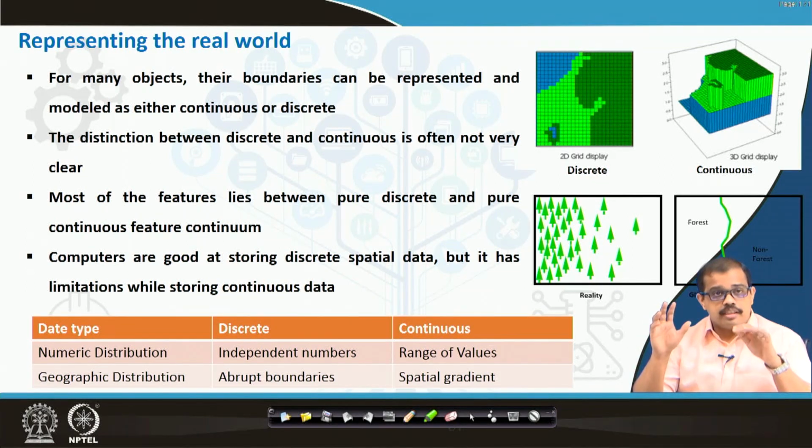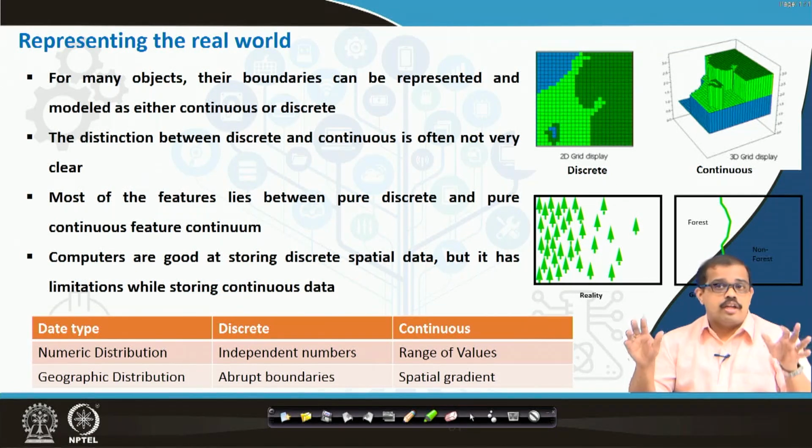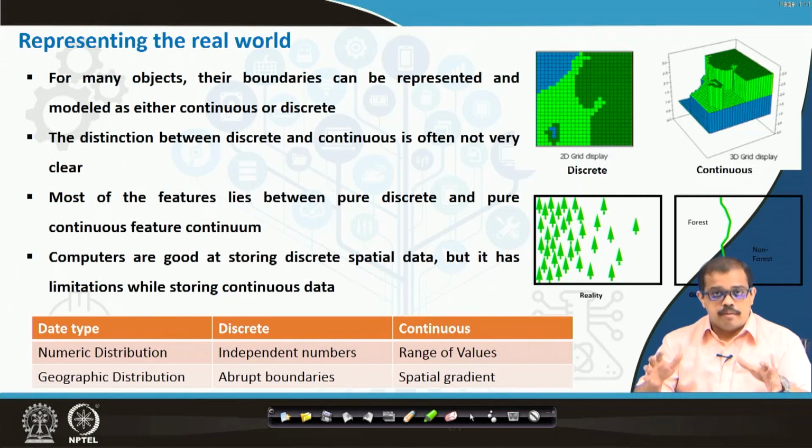When you are looking at spatial data, storing spatial data in your computer, especially in the form of discrete data, is much easier. But with continuous data, your computer has certain limitations, which we will also see. Handling and storing continuous data is quite limited on computers.